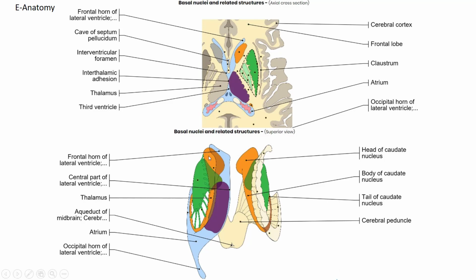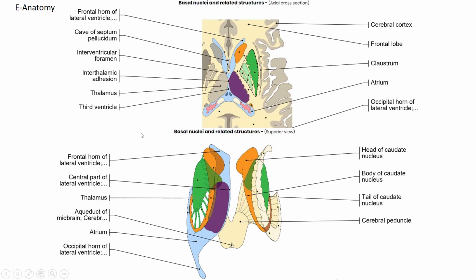So the head of the caudate nucleus is here, and then the tail is down here in the trigone area, and it comes forward to the amygdaloid body, which you don't see because of the lentiform nucleus. And the lentiform nucleus is here in green, and then you have the thalamus in purple that would lie on either side of the third ventricle if they showed that, but they're not showing that here.